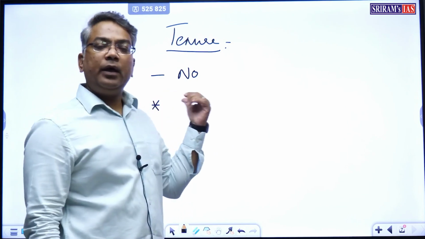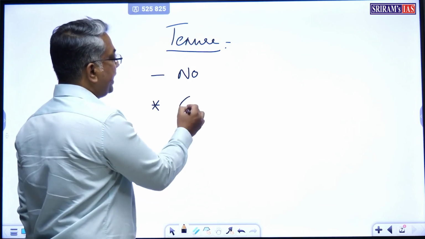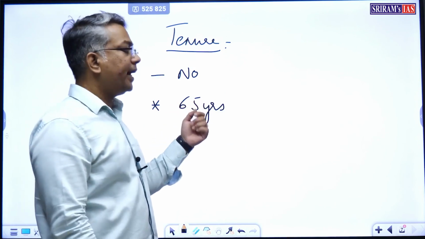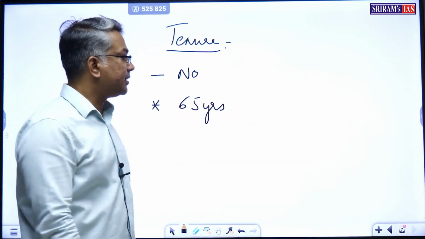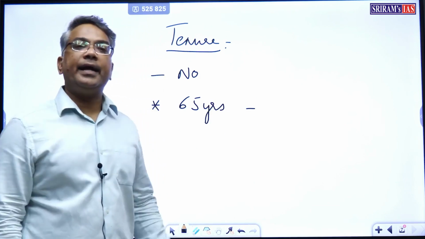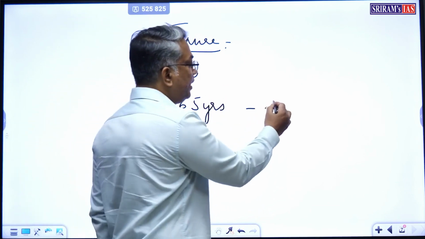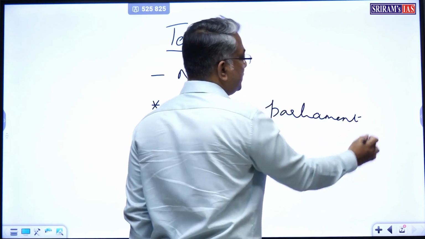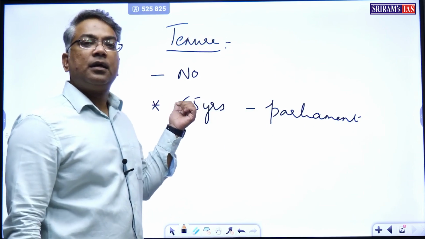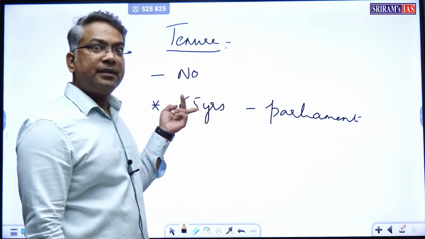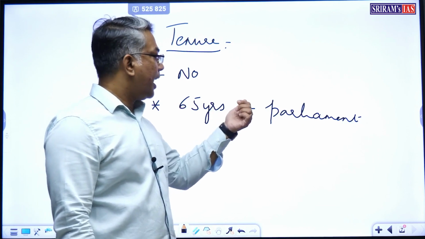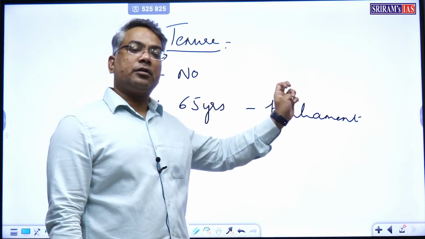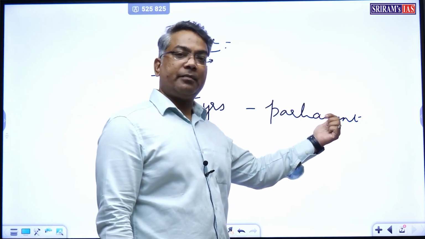First, he holds the office till he attains the age of 65 years, and any question regarding the age is determined by such authority and in such manner as provided by the Parliament.